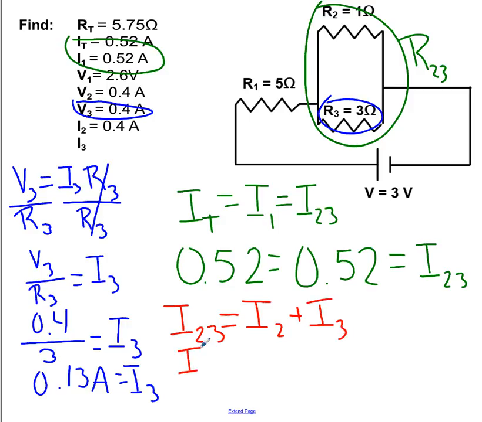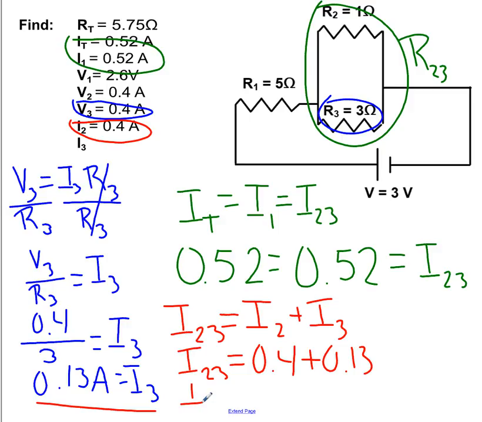So I can say I23 is equal to the current in resistor 2, which we found before, 0.4 amps, plus current in resistor 3, which we just found down here, so 0.13 amps, and that gives me 0.53 amps.